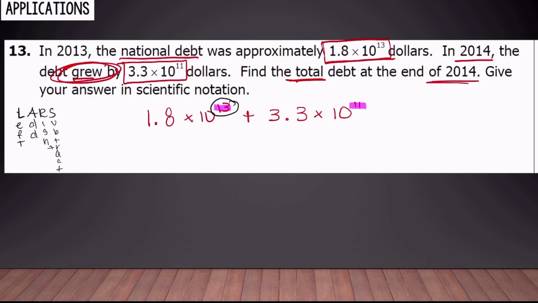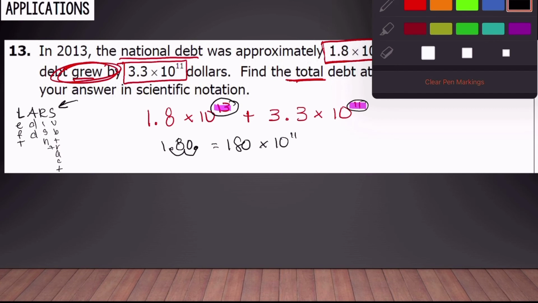That's what I would do. So I take my 1.8 and I need it to go down 2 to reach 11. I need to subtract. So if I need to subtract 2, that means I need to move right 2. 1, 2. So now I'm at 180 times 10 to the 11th, right?